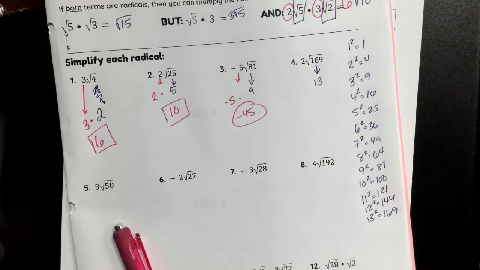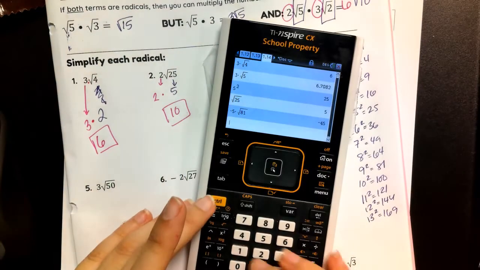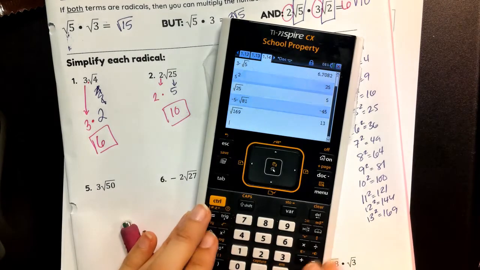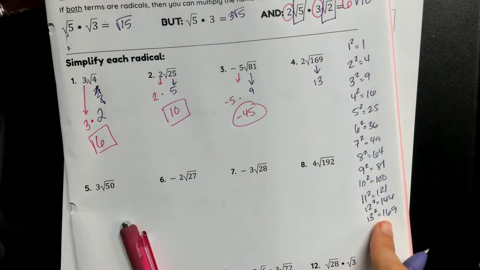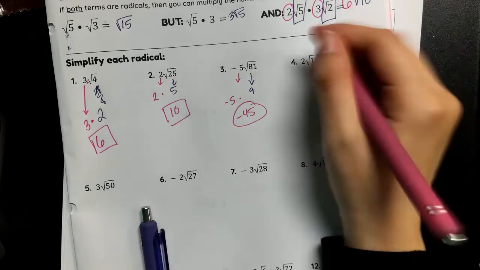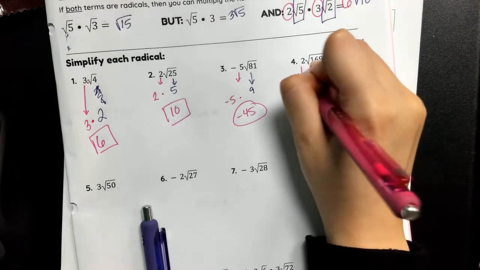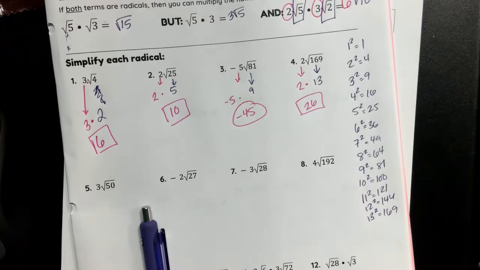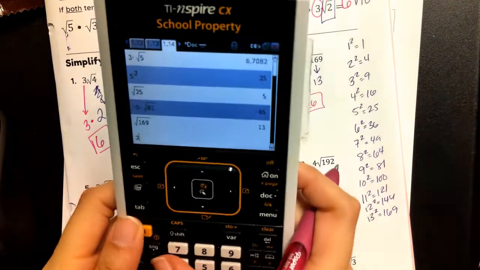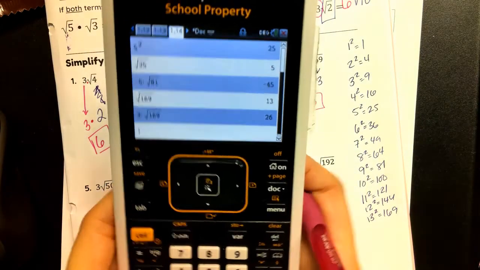And like I said, if you don't believe me, you can always use your calculator to double check. The square root of 169 is 13, because 13 times 13 is 169. We still have the 2 in the front. 2 times 13 is 26. And you could have checked by doing 2 square root 169, which gives 26.